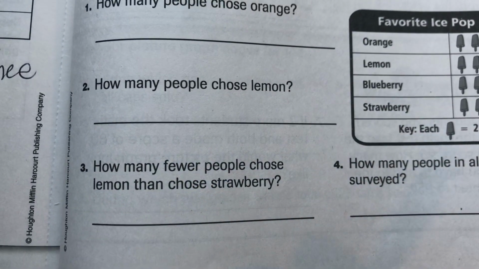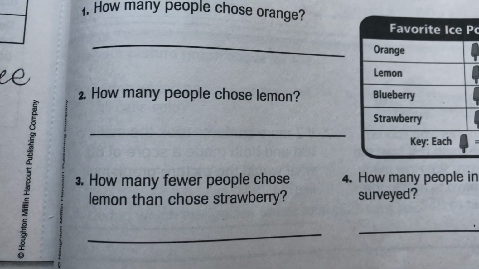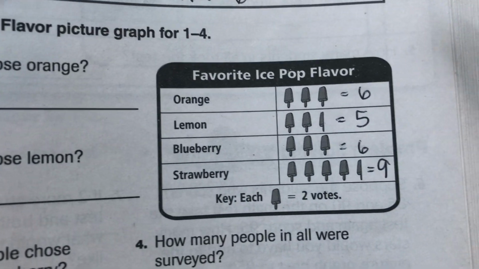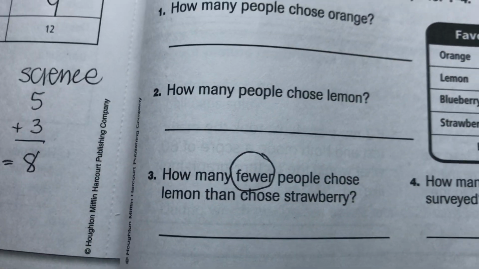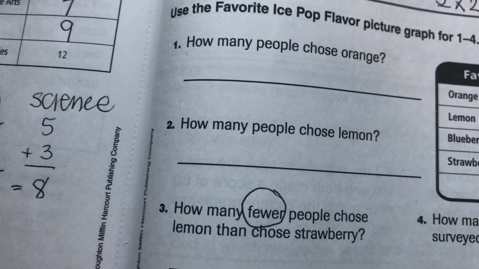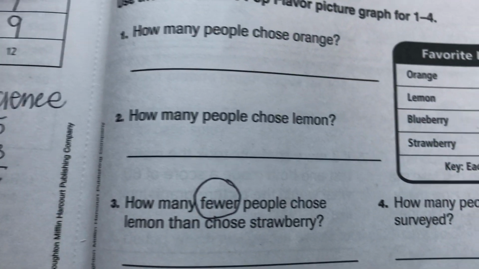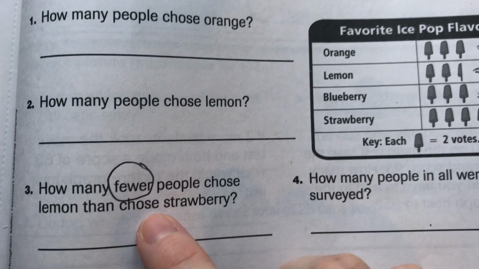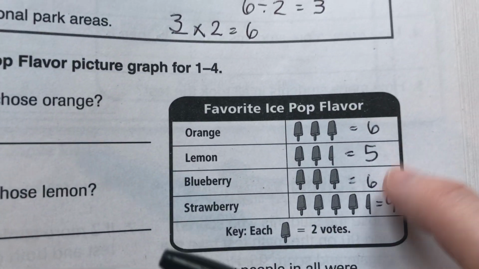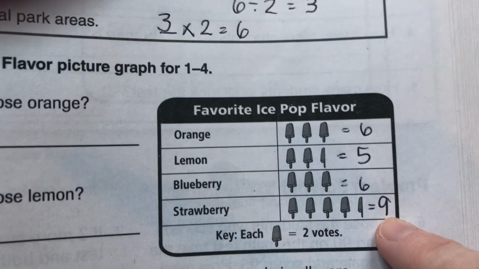How many fewer people chose lemon than chose strawberry? So here I see that keyword again, fewer. That makes me think less. What operation do we do for fewer? So 9 people chose strawberry, 5 people chose lemon.